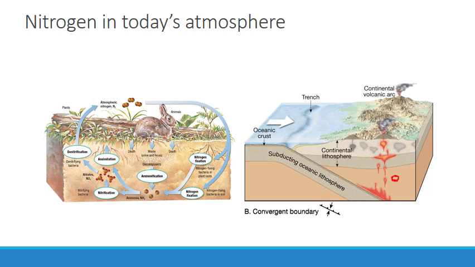It's ductile. It moves around. In this portion of the Earth's outer layers, the nitrogen exists in an oxidized state.